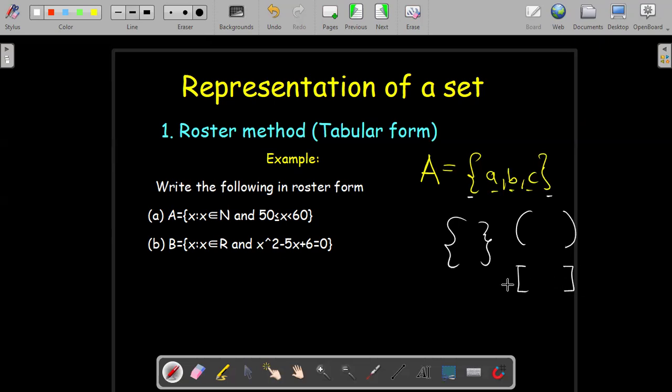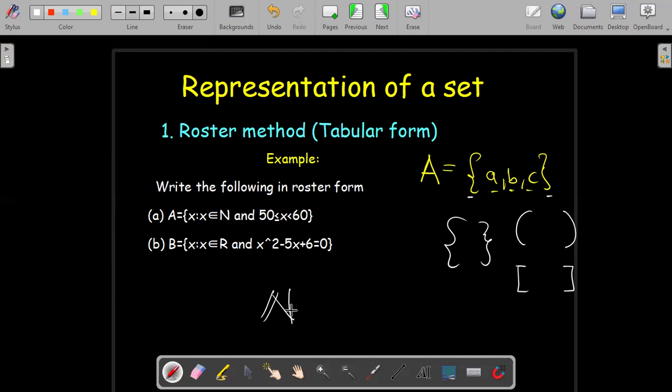It will depend. Mostly we use square brackets and brackets when we're dealing with interval form. For example, on a number line, say I want to list down the set of natural numbers. These are numbers that you just use to count, and they're denoted by N.